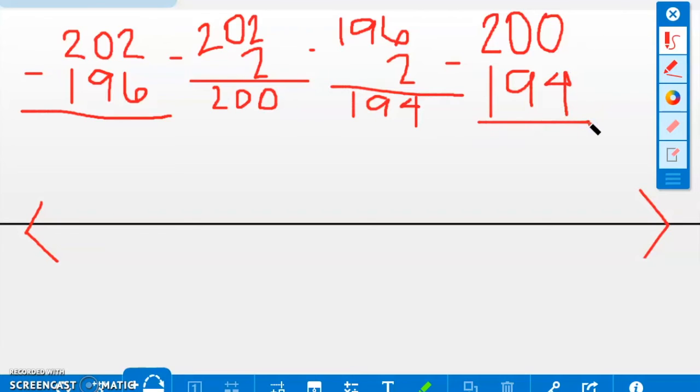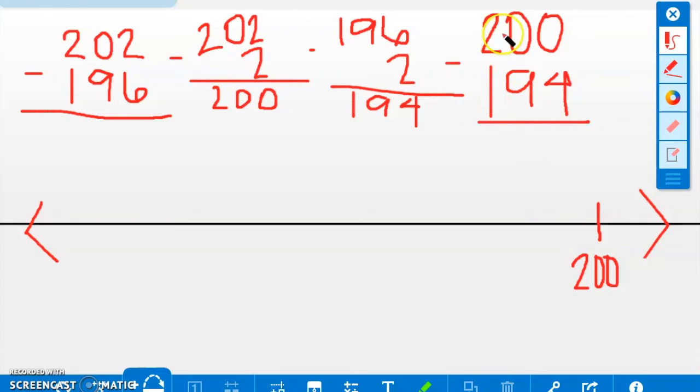So you would draw out this number line with 200 being at the end. Then you would look at the 194 and you would take the 1 out of the hundreds place. So it would be 100.